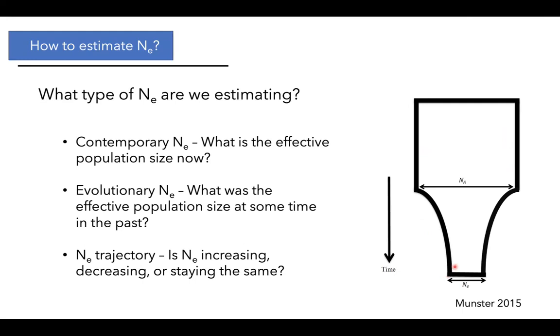I just want to orient everybody to what we're seeing here. I think all of my population diagrams have time running the same way. We're looking at historical population up at the top of the diagram, and time is running from the past to the present as we move from the top of the figure to the bottom. The width between the two side lines indicates the relative population size.